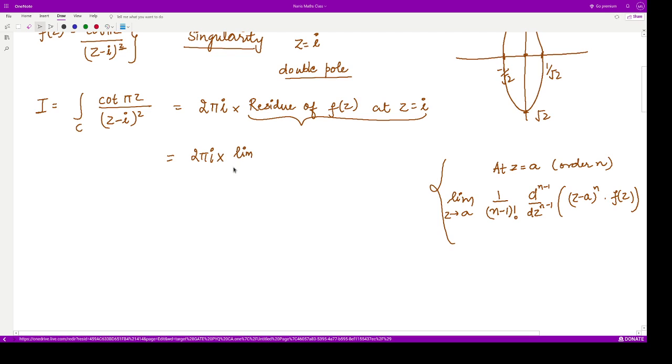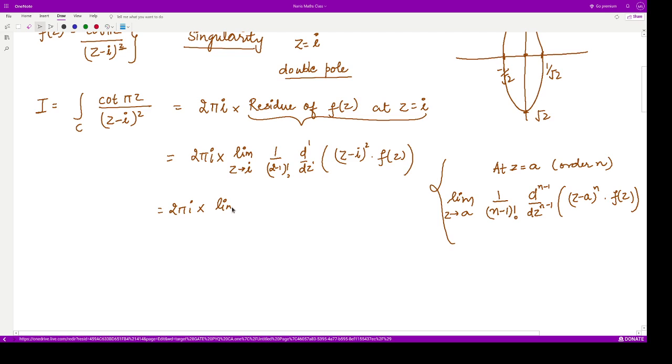So we would have the limit as z goes to i because our point here is i, and then we would have 1 by (2 minus 1) factorial, then the first derivative with respect to z of the function (z minus i) squared multiplied by f(z). Let us solve this quickly.